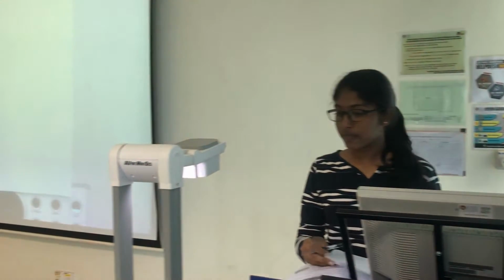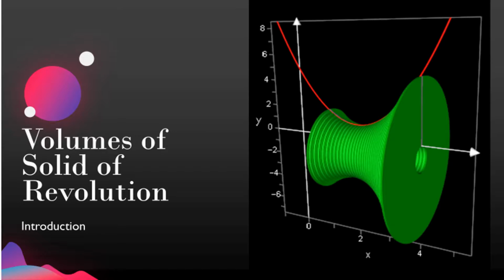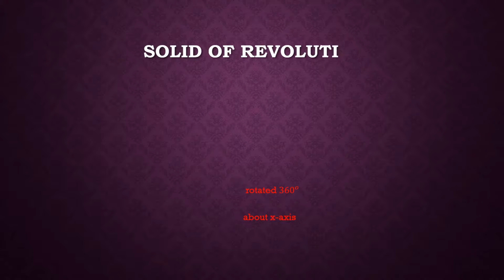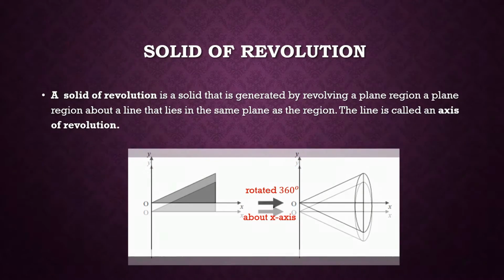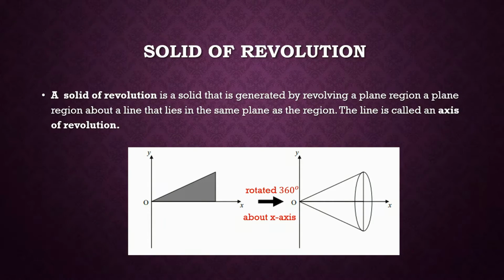Okay, for the first subtopic, it is about calculating the volume of solids using general formula. For that, please look at the slide I've displayed at the front. Volumes of solid of revolution. Firstly, a solid of revolution is a solid that is generated by revolving a plane region about a line that lies in the same plane as the region.